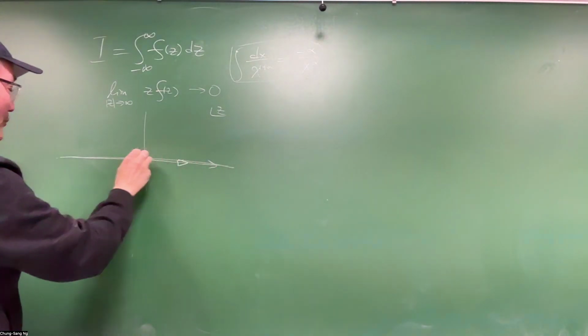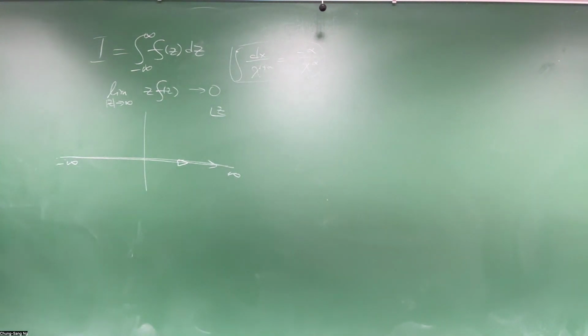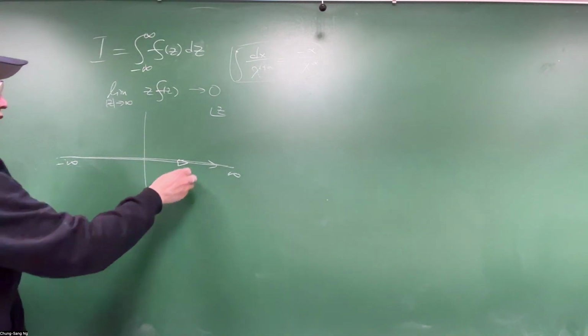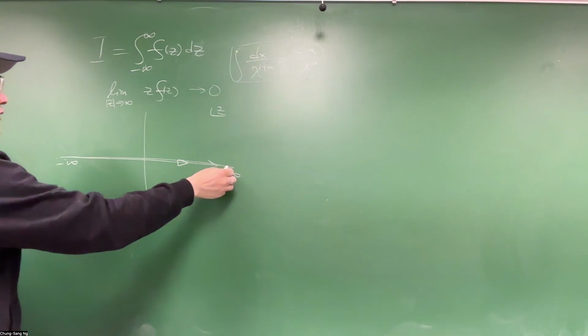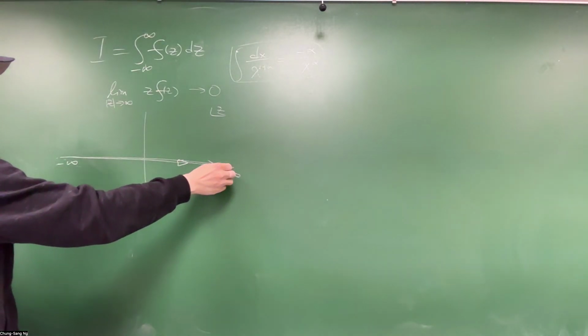That's the original path, from minus infinity to infinity. In order to use the residue theorem, you want to form a closed loop, and one way to do it is to connect minus infinity and infinity by a big circle.